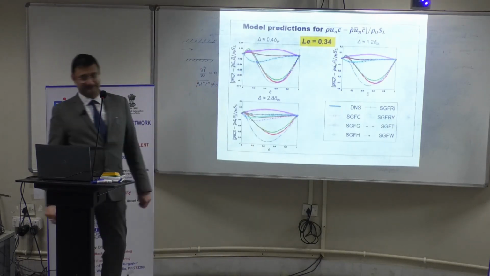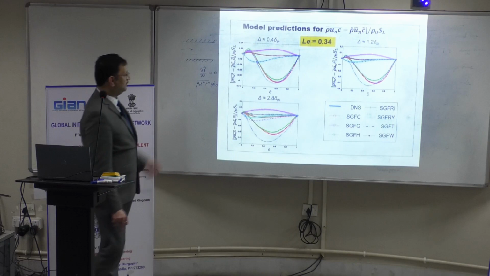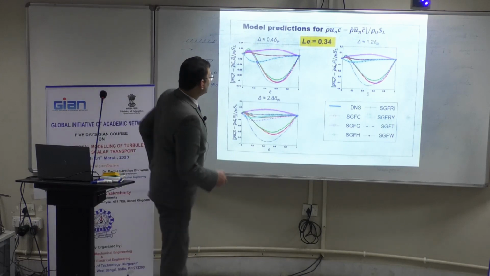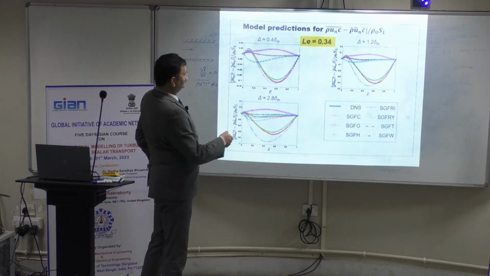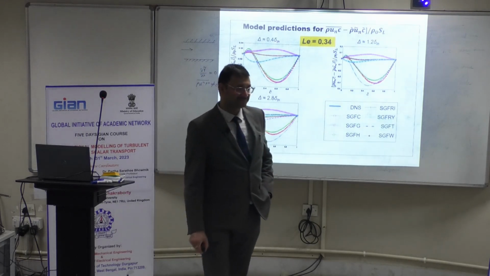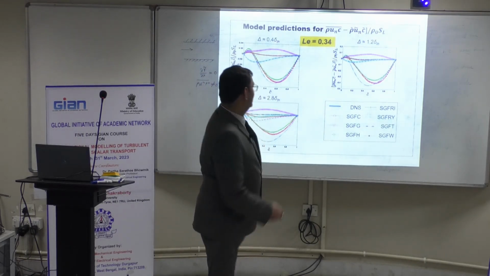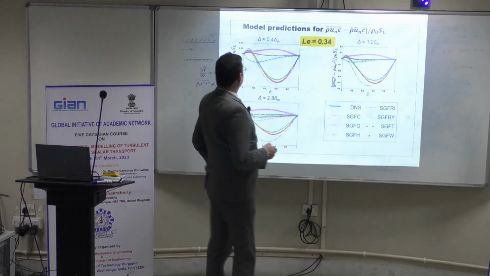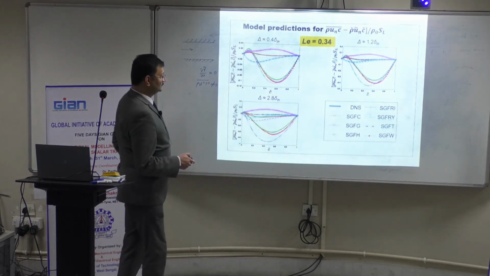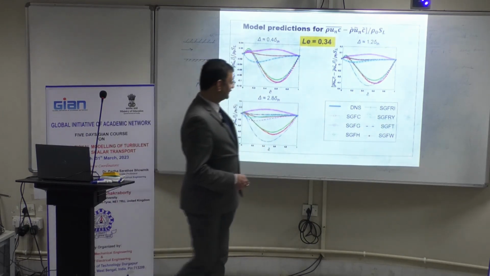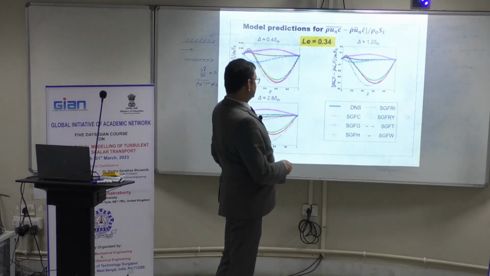Model predictions. Blue line is DNS data. Effectively, let's see where it is. This is Clark's model.